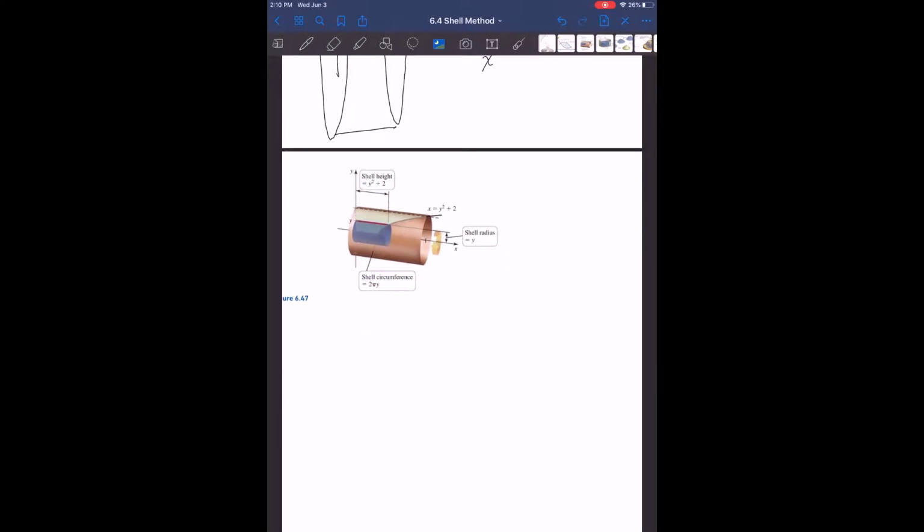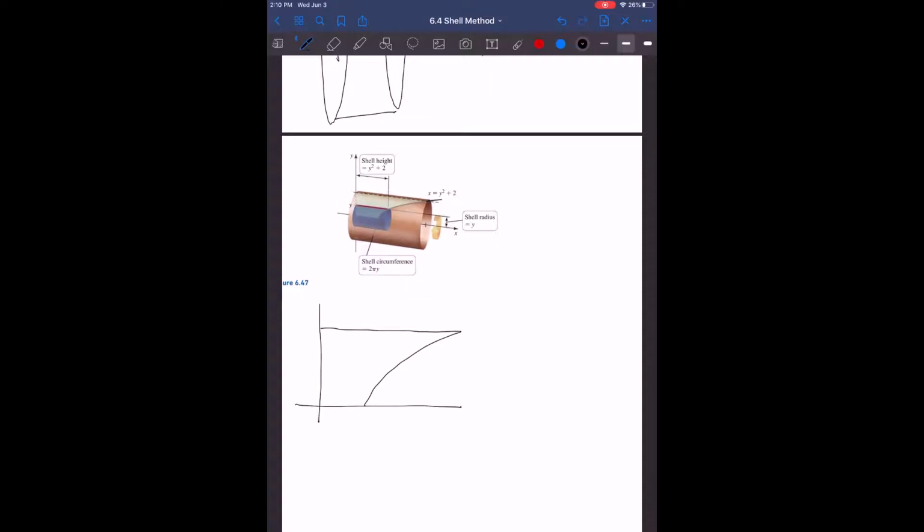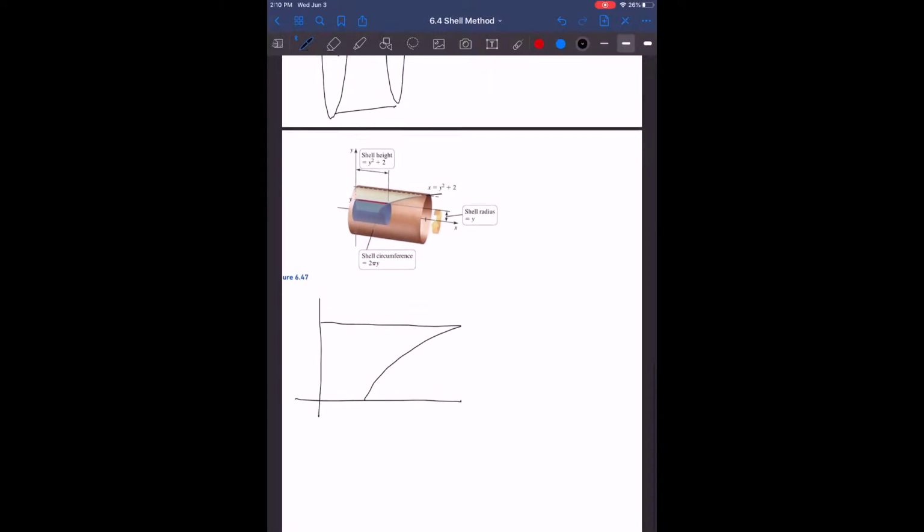Say we would like to take this function of x equals y squared plus 2, take whatever's in the first quadrant and rotate that around the x-axis. So what our function is going to look like is this. We're also interested in this line. This is going to be the shape that we were revolving around the x-axis.